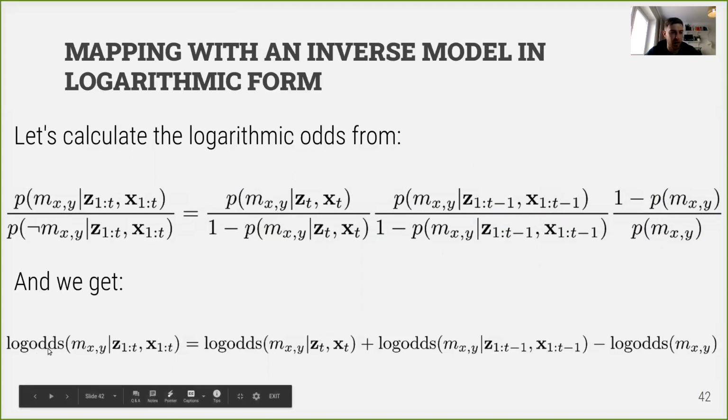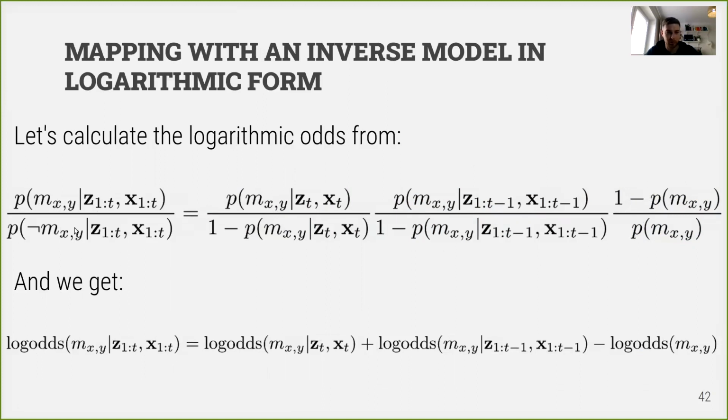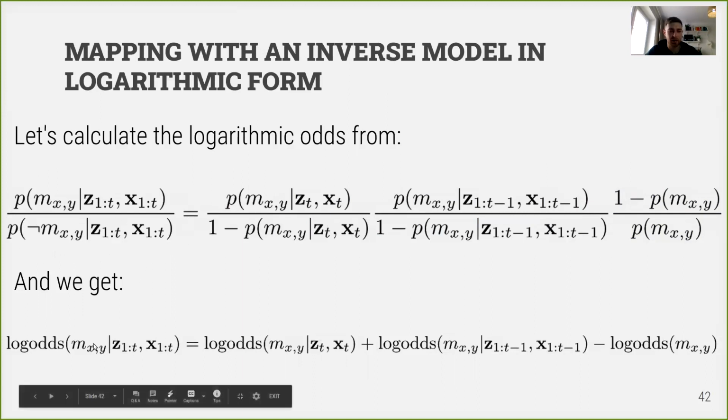So here are log odds of the event of a cell being occupied, right? In the denominator we can write 1 minus this event, because we have the opposite event here. Since it's a binary random variable, a cell is either occupied or free, so 1 minus the probability of the cell being occupied is exactly the probability of the cell being free. That is why here we can get this log odds.